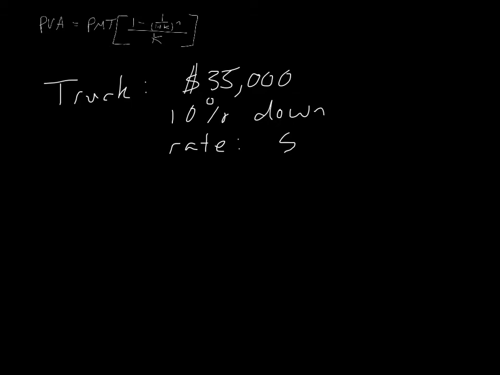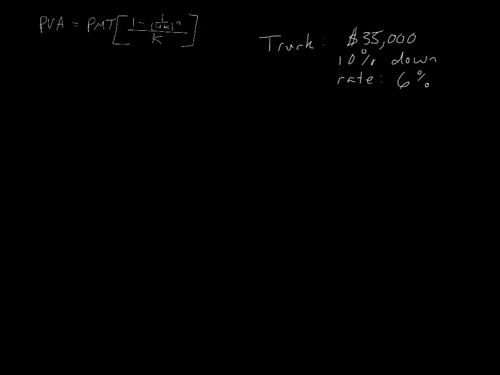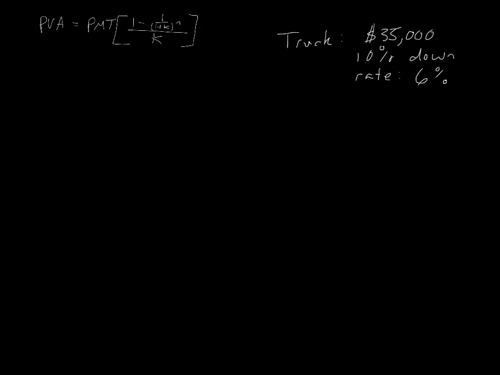Do we want to use 5%? Yeah, let's use 6%. That's messy, so let me get rid of that. Okay, 6%. Alright, so what do we want to know with this question is, what is our payment going to be, right? Payment. So we need to solve for payment. So, put that off to the side.